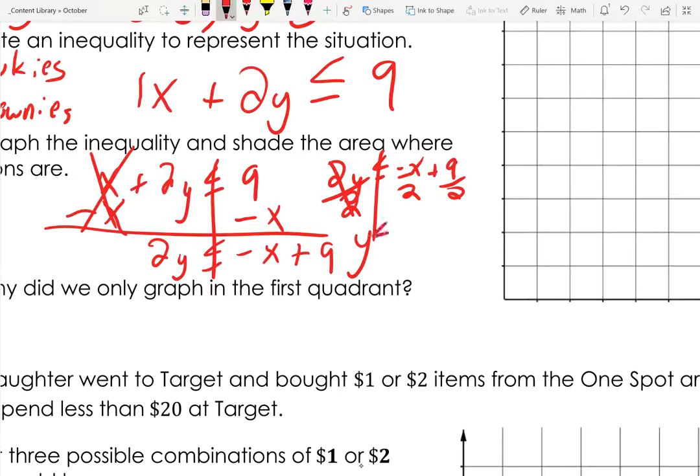So we're going to have y less than or equal to negative 1 over 2x. If you're wondering where that comes from, it's negative 1x right there. So negative 1 divided by 2, x, plus 9 over 2, which I'm going to say is 4.5. We can write it as 4.5.